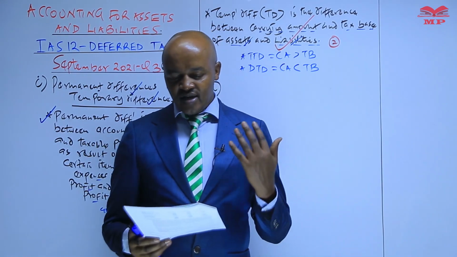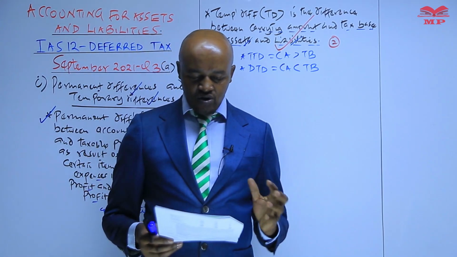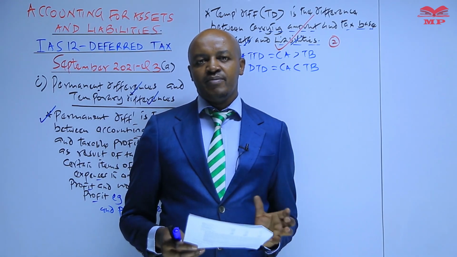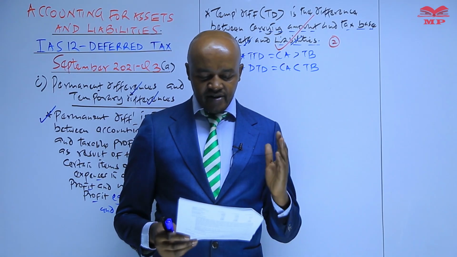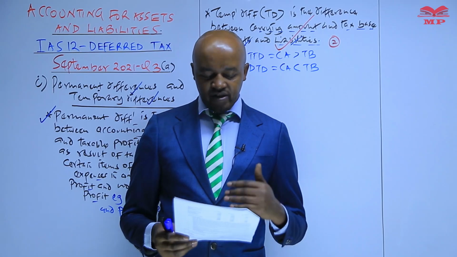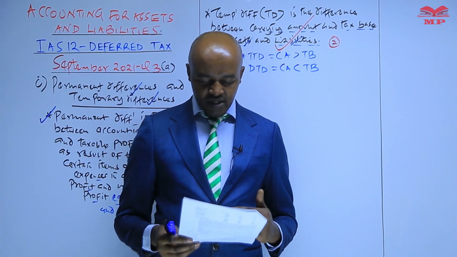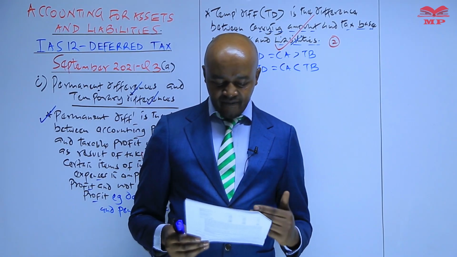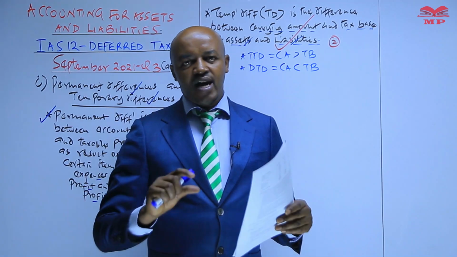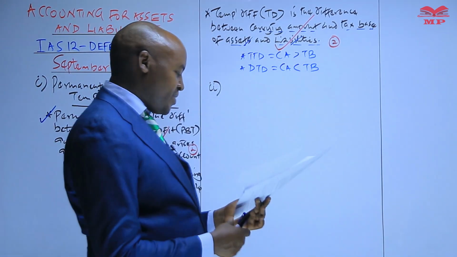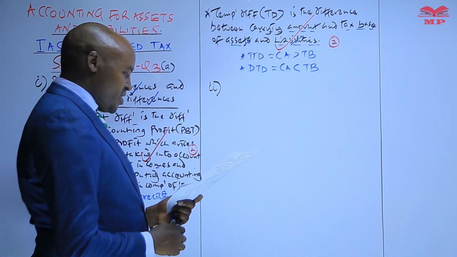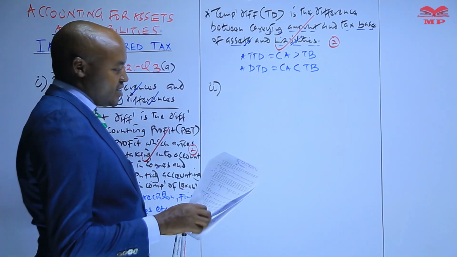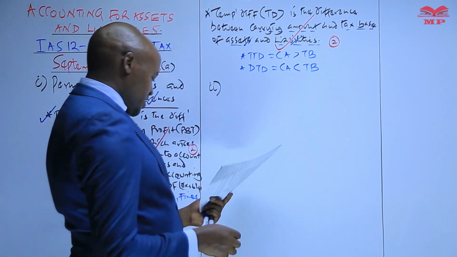For us to do that, it is obvious that we have to prepare something called the schedule of temporary difference. We compute the temporary difference of each of the items which is given there from note 1 up to note 5, and then from there we determine the net amount of a temporary difference, which will either be a net taxable or net deductible temporary difference.